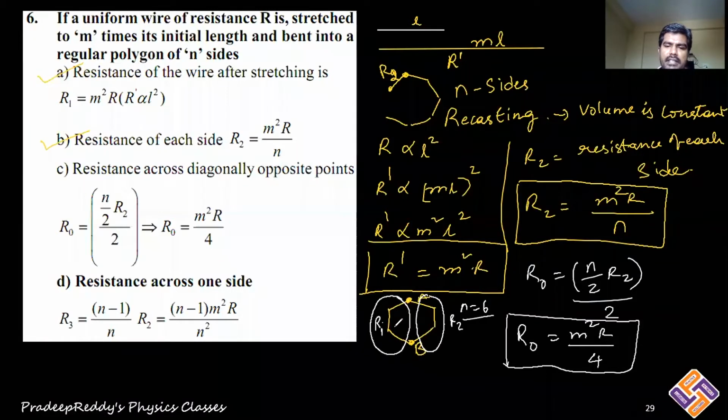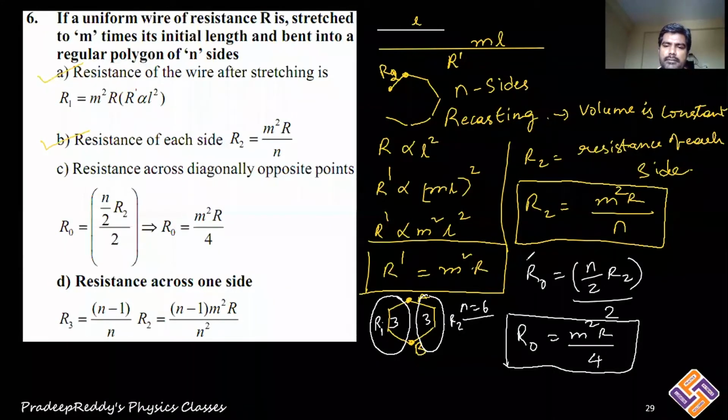On the left side there are 3 sides, on the right side there are 3 sides. On the left side these 3 sides are in series, on the right side these 3 sides are in series. Combined, you are adding two of equal resistance, so that it becomes again half. Therefore R0 you can simply write as n by 2 times R2 divided by 2.